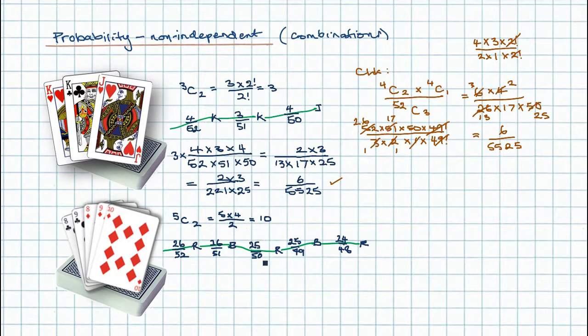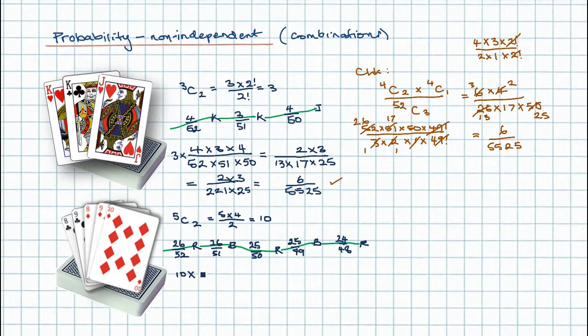Okay then, so what we're going to do is multiply this up and multiply by 10. So we've got 10 times, and of course you could do this in a calculator, but it's quite fun actually to do it by hand. I've got 26 over 52. Because of the way I've lined this up, this is a particularly easy thing to multiply. I've got 26 over 52, which is just a half.